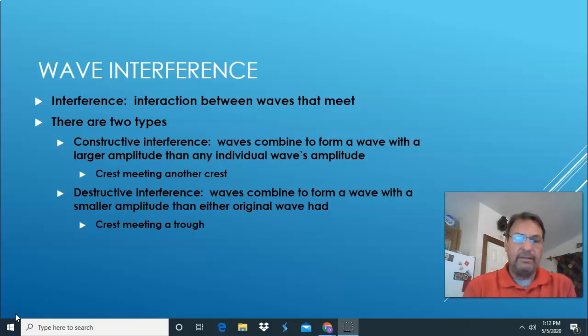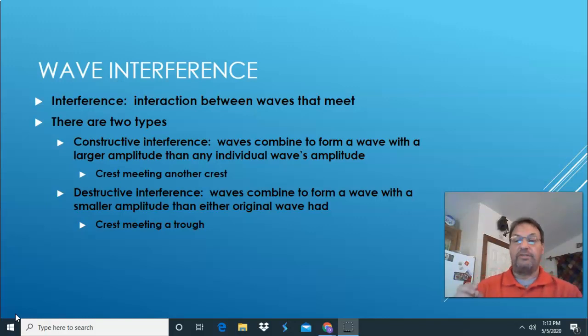On the other hand, if a crest of one happens to meet a trough of the other, you can just imagine that it's going to knock the other one down. If you have two players running at each other and one is going high and one's going low, the one going low would knock the one that's up in the air down, and it's going to be destructive interference. And this is crest meeting a trough.